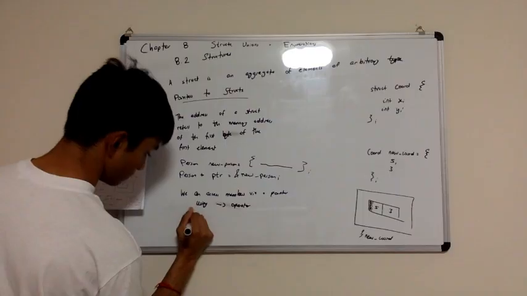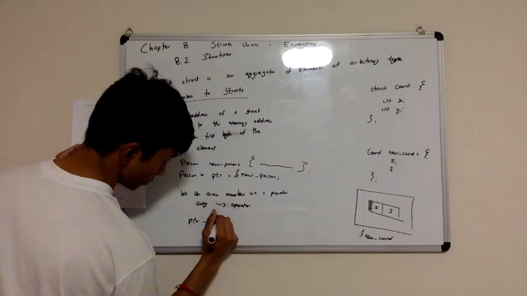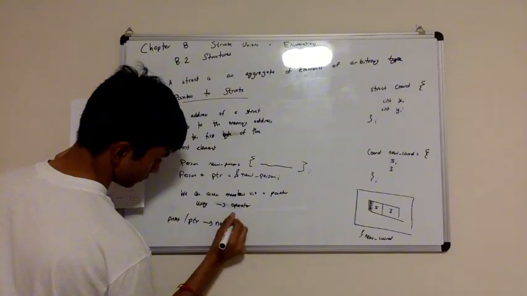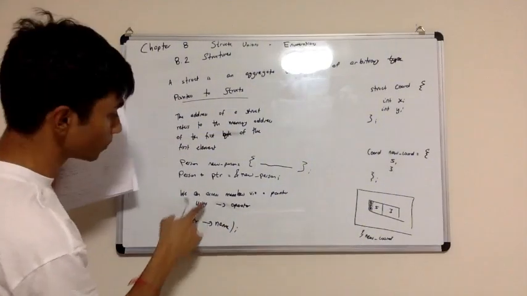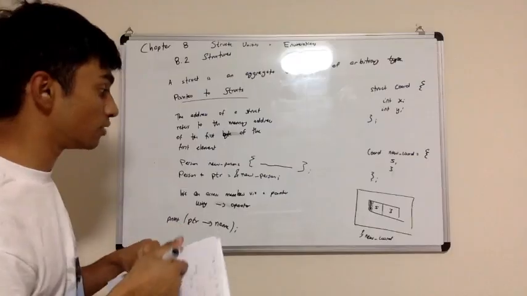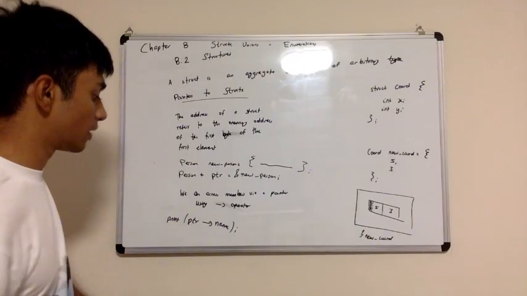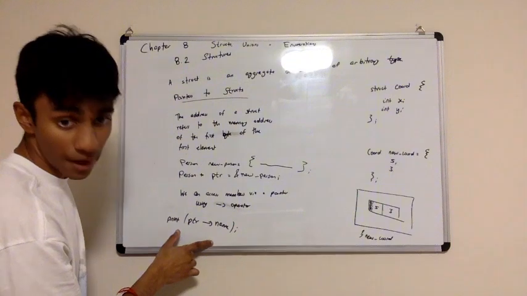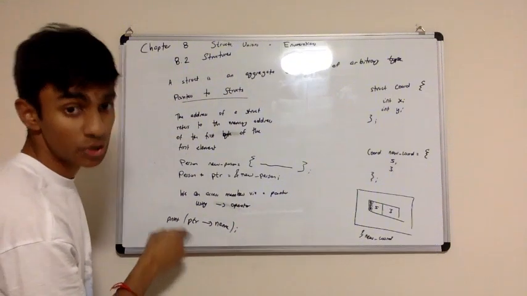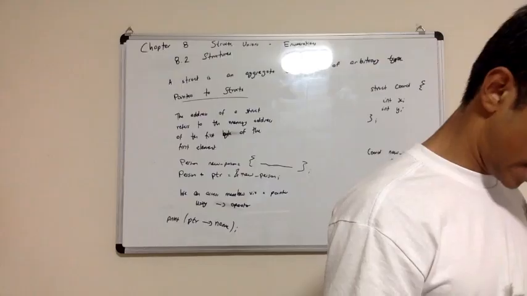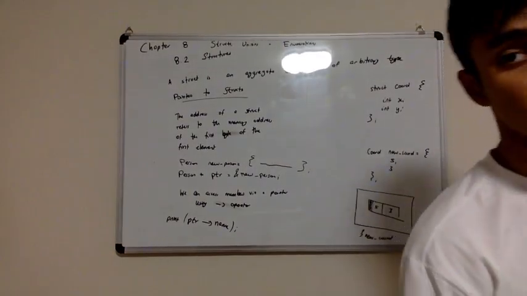So if I was to do pointer arrow name and print it, it would give me Bob hello again. Without needing to use the dot operator on new person, I'm using the arrow operator on the pointer to access the field instead. So the arrow is basically capable of dereferencing and then accessing.